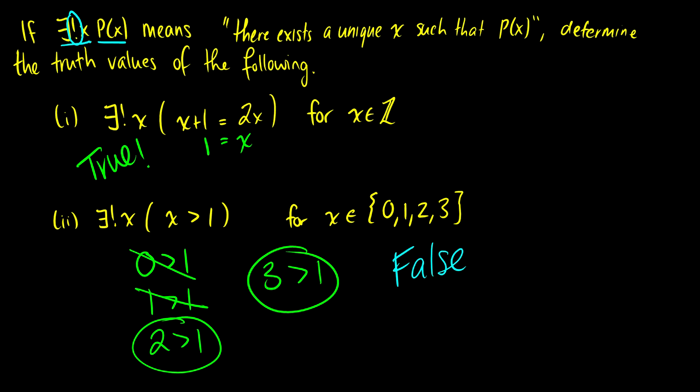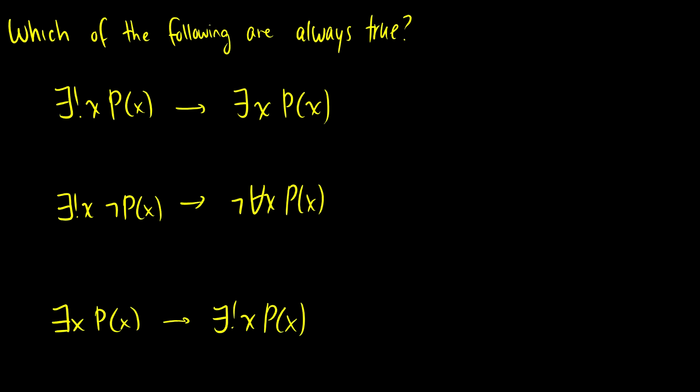Okay, third one is a nice exam question. So I just introduced the unique quantifier. You haven't done any questions on it before, so of course I'm going to put this on your exam because you should be able to adapt to new quantifiers, and you should be able to reason about these things. So, which of the following statements are always true?